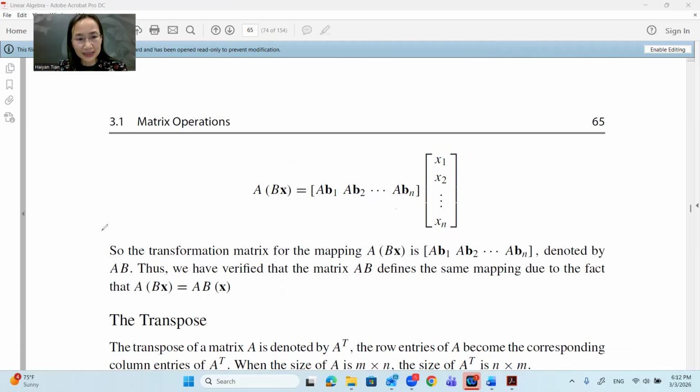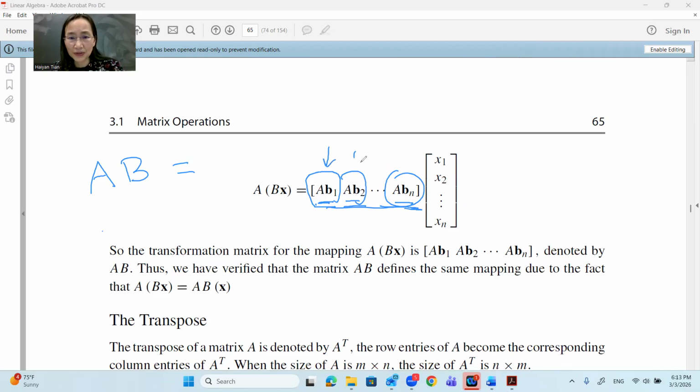So we have defined AB, A times B, corresponding to this matrix. That means A times each column of the second matrix B. So A times B is equal to A times the first column, the second column, the last column.